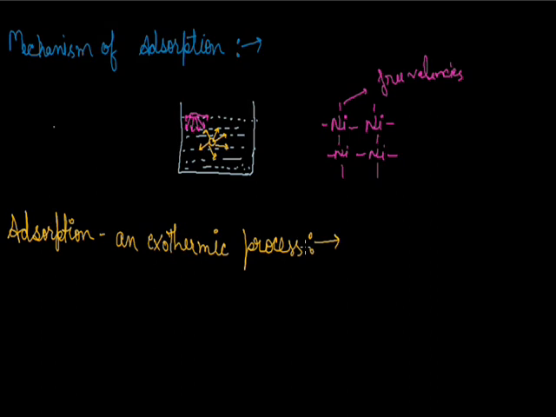When adsorption takes place, the residual forces on the surface of the adsorbent decrease, because when adsorption takes place, the molecule gets stability, and due to the stability it releases some amount of energy, or in other words, surface energy decreases.